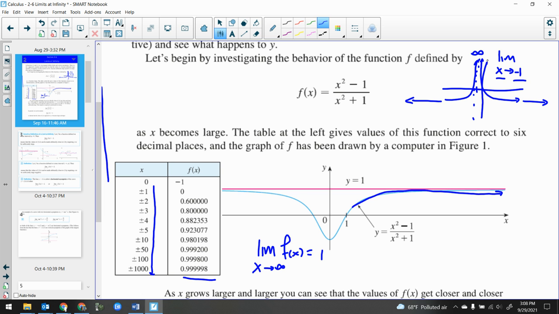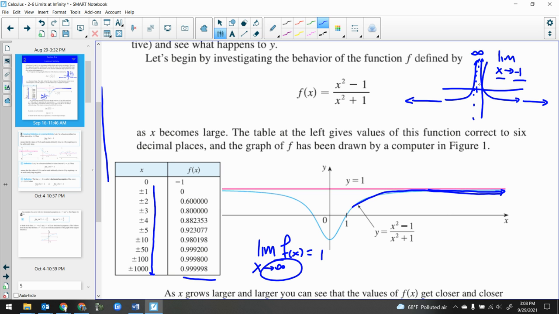When we had infinite limits, those were vertical asymptotes. When we have limits at infinity, and notice there is a difference here, these are infinite limits. These are limits at infinity, when I'm taking x to infinity and beyond. When I take a limit to infinity, that is when I could have a horizontal asymptote. So those are my two distinctions there. I could have horizontal asymptotes or I could have vertical asymptotes. The horizontal asymptotes are ones where I would keep making x arbitrarily bigger or smaller.